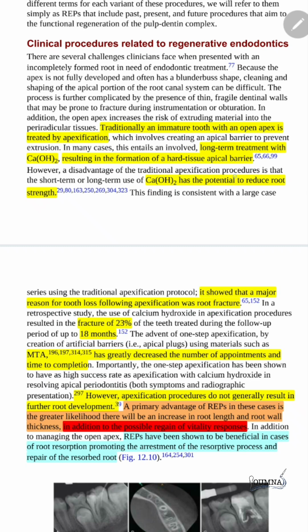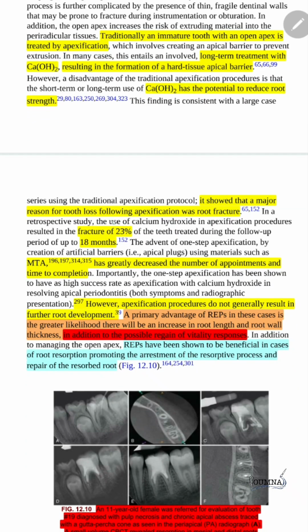apical barrier. But the disadvantage of calcium hydroxide is that it potentially reduces root strength, which puts the tooth in danger of fracture in 23% of cases after a year and a half.